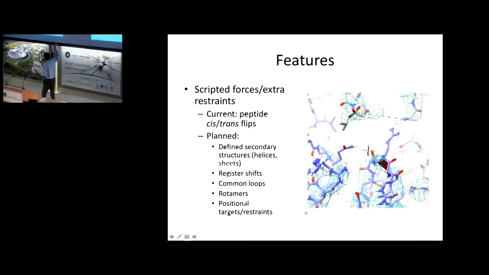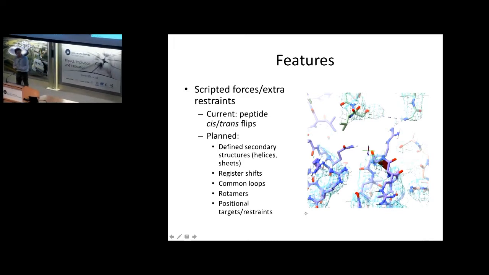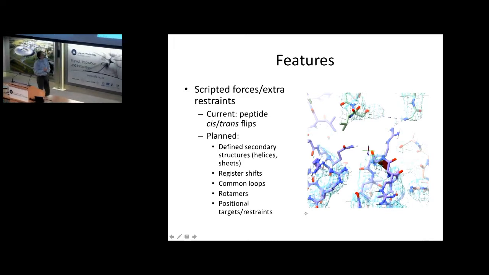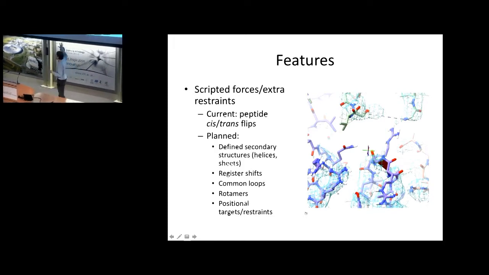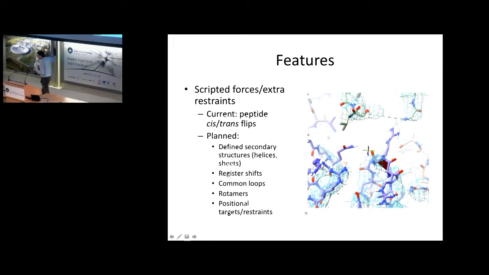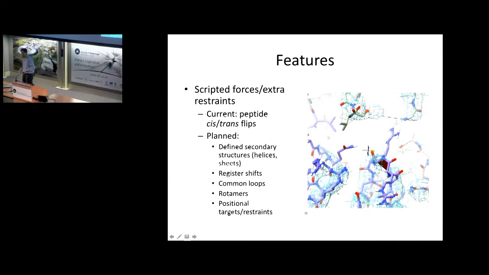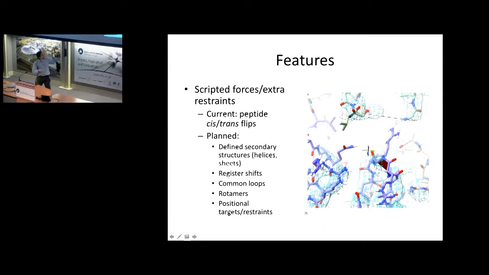The other things, so scripted forces and restraints I've mentioned a few times. At the moment, that's essentially been on my to-do list as much as anything because it's actually quite easy to do. The last few months in particular, I've been adapting the Clipper Python to provide native symmetry handling to all of this.